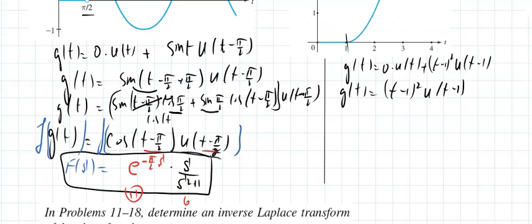So when I apply the Laplace transform on this, I'll get capital G of s, or F of s, whatever you want to call it, to take care of the shift. That's simply e to the negative s.